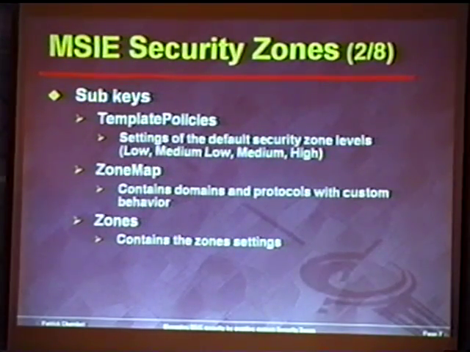And in this key, the key we saw, you have three subkeys: Templates Policies, where you can define default parameters for each zone; ZoneMap, which contains domains and protocols with custom behaviors, so you can add your URLs, your domain names, etc. for each zone; and the Zones key containing all your zones. You have 4 zones by default, and you can add zones. We are going to see it.